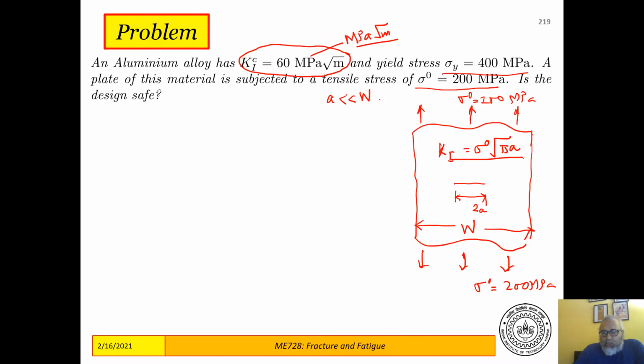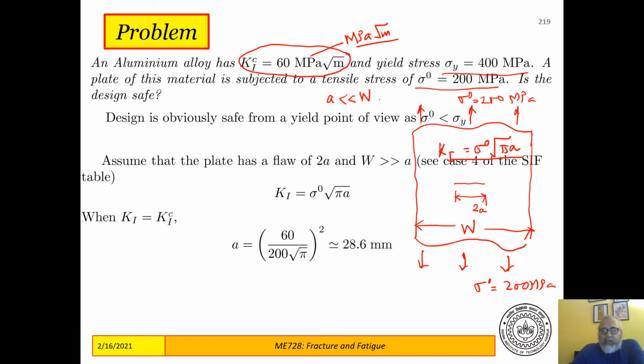Okay, so now we take this stress intensity factor and calculate the a that would be needed to attain the fracture toughness.